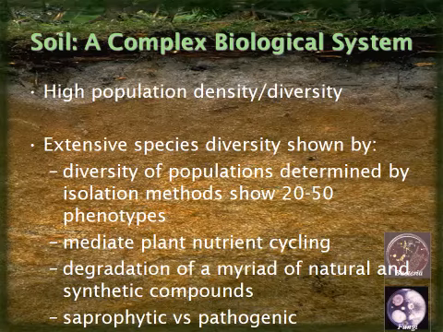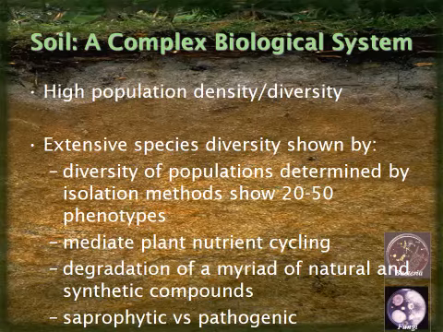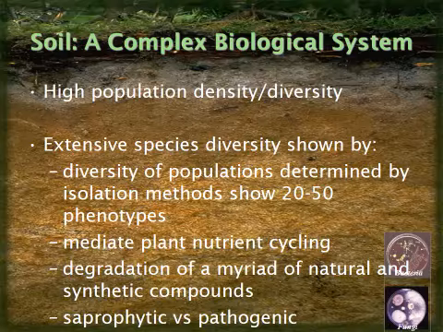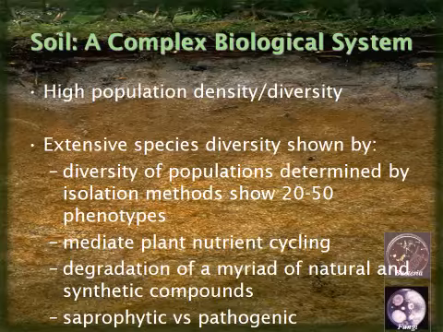We try to use different isolation methods, and the reason that we do this is within a bacteria, using these different isolation methods, we can isolate easily 20 to 50 different phenotypes, okay? And that's just in the bacteria. That's easy to do.